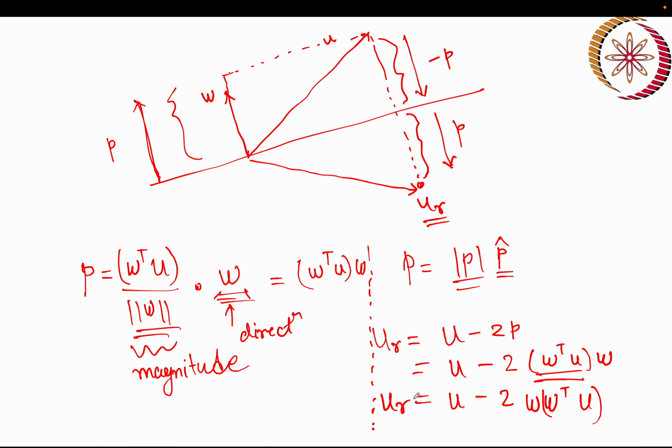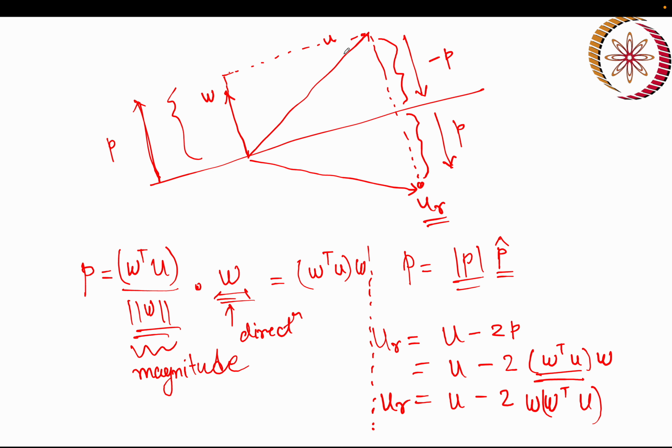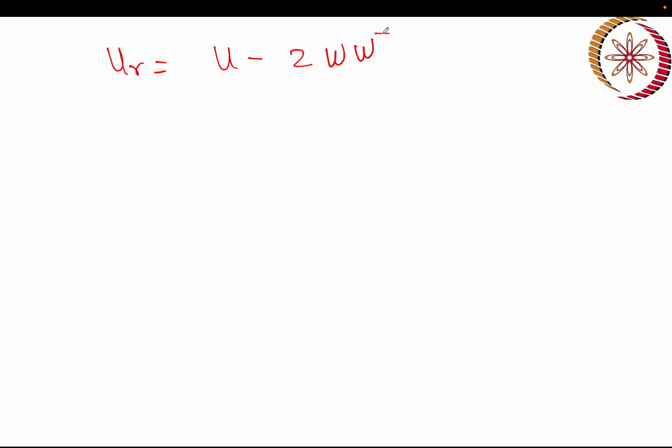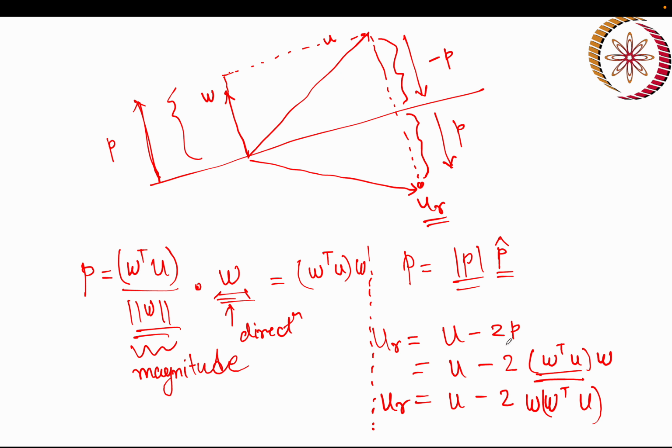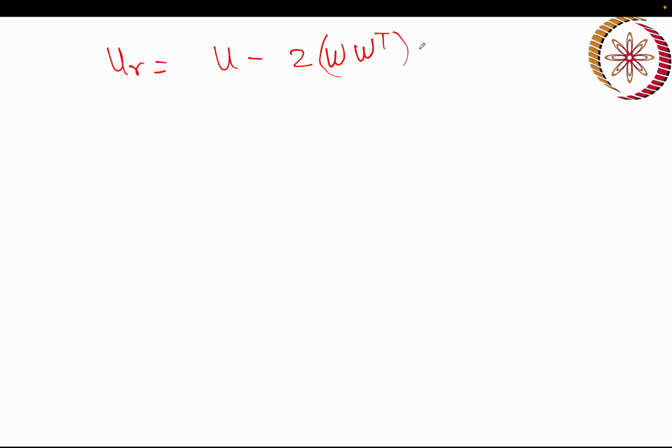So UR is this one. We will simplify this, and you can see what we will get. UR is nothing but U, and then twice we have to subtract this projection. So this W and W transpose I will take together, and this U I will keep outside.